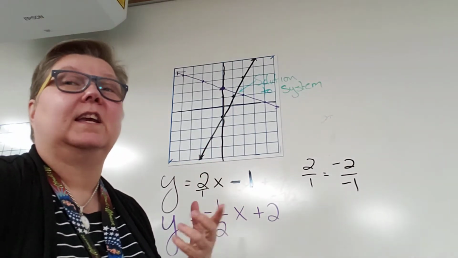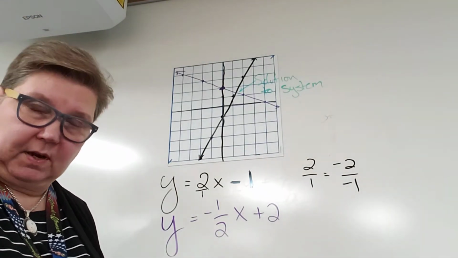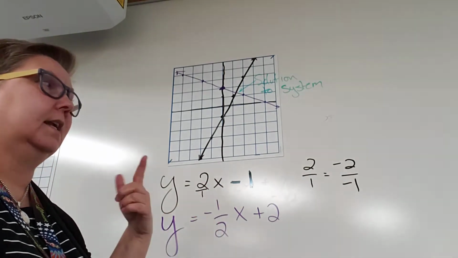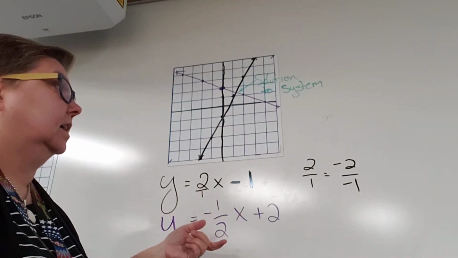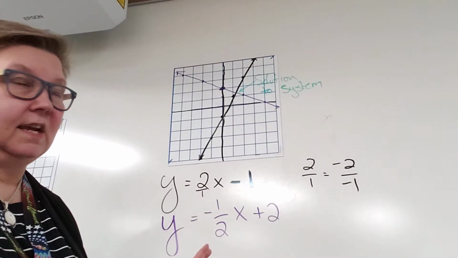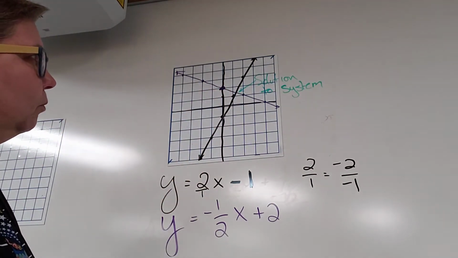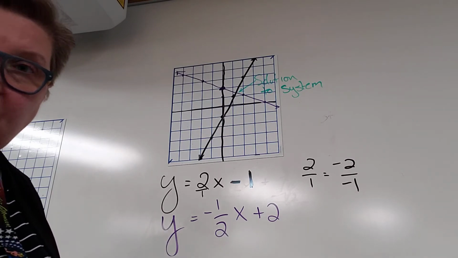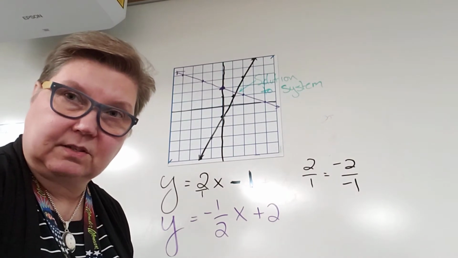That's why graphing is not the optimal way to solve a system of equations. The other ways, substitution and elimination, are better because you get more exact answers. You don't get this, I don't know, it could be 1 1/3 and 1 1/3, or 1 1/2 and 1 1/2. It really depends on the pixels.